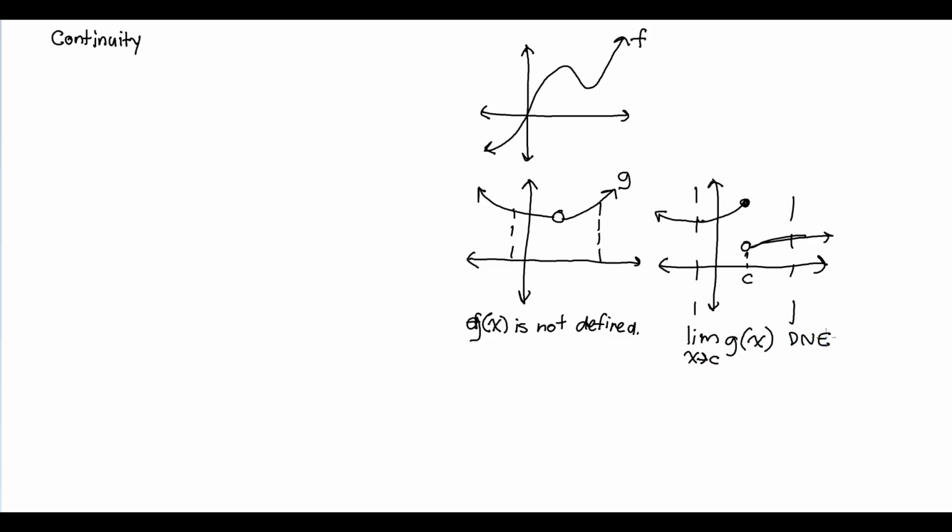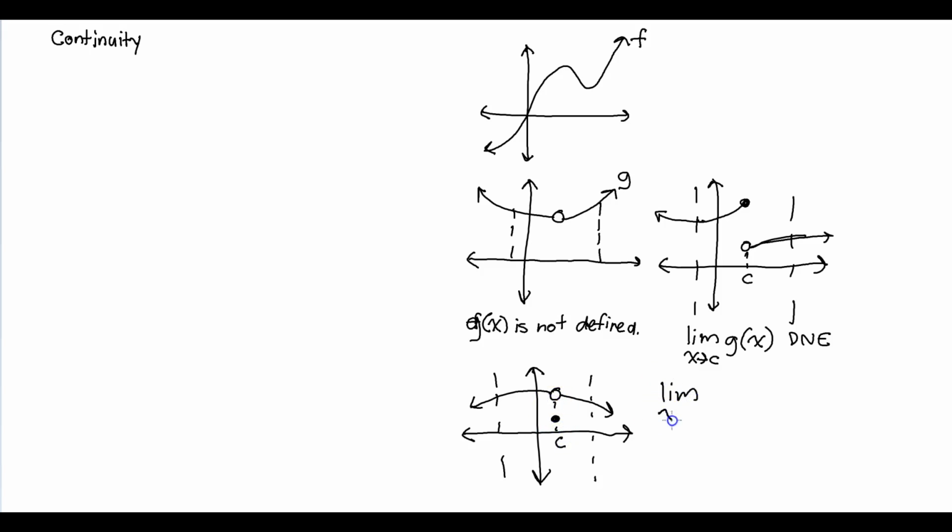Okay? So there's a third type of function that's not continuous. This is our interval. So the function can have a limit at c and is defined at c, but this is our point c.